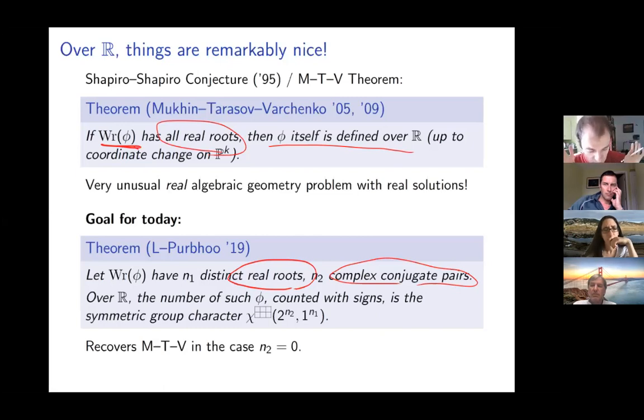And I'm going to come back to the exact theorem statement later, so you don't have to really absorb it yet. But I'll say that there turns out to be this cool connection to the representation theory of the symmetric group. I will say that part of what's cool about this theorem is that it actually generalizes the Shapiro-Shapiro conjecture. So in the case where N2, the number of complex conjugate pairs, is 0, this will turn out to recover the Shapiro-Shapiro conjecture. So that's where we're headed. We're going to be looking at Wronskians with real and complex conjugate roots.